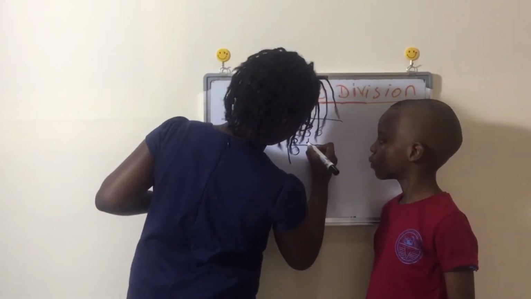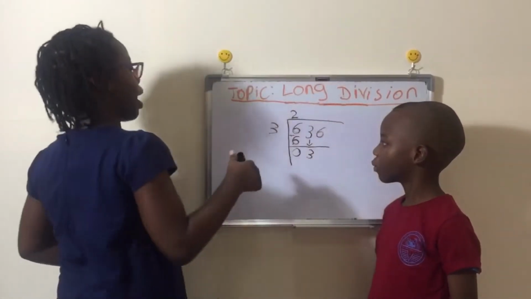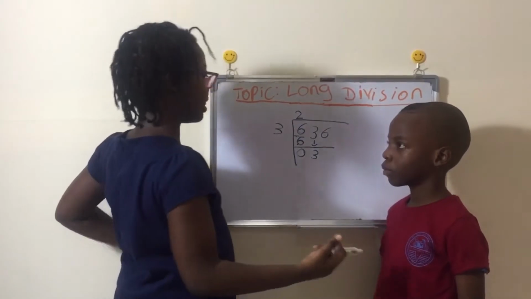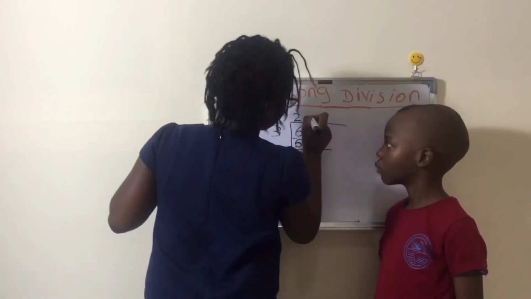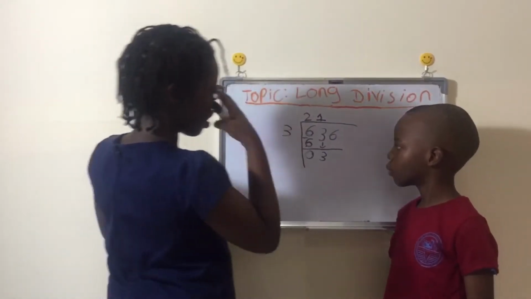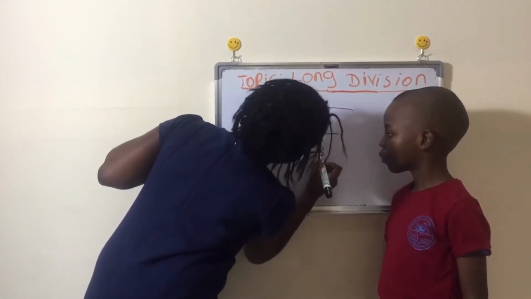Now we have to take down 3. 3 stays here. How many times will 3 enter 3? Pretty easy. Once. Now we'll put 3.